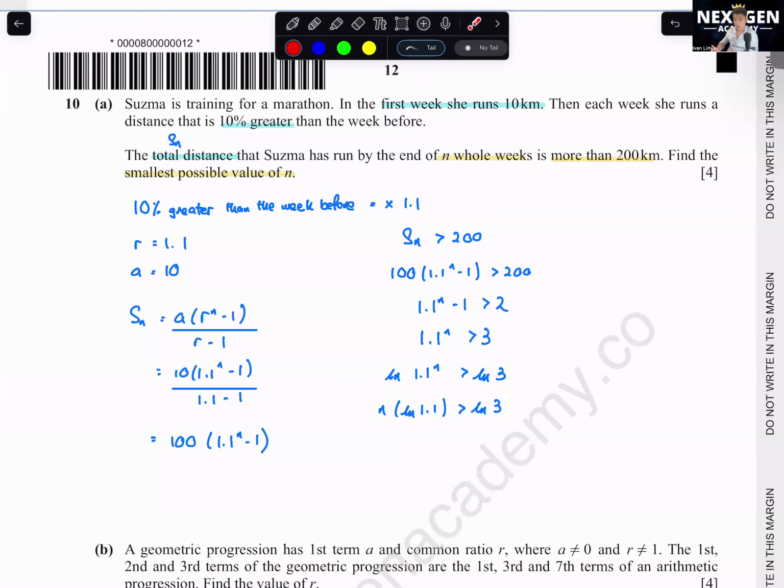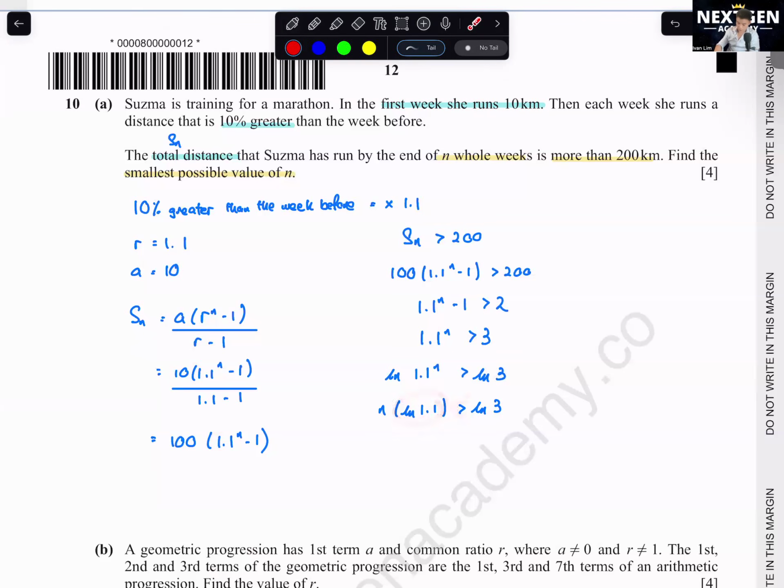Do you understand why? Especially for this one, you want to divide ln 1.1 over to the other side. You type into the calculator ln 1.1, and it's a positive value. In ln and log, we cannot see whether it's positive or negative just by looking, so we have to check using our calculator. If it is a negative value, what will happen is that you need to change the symbol.